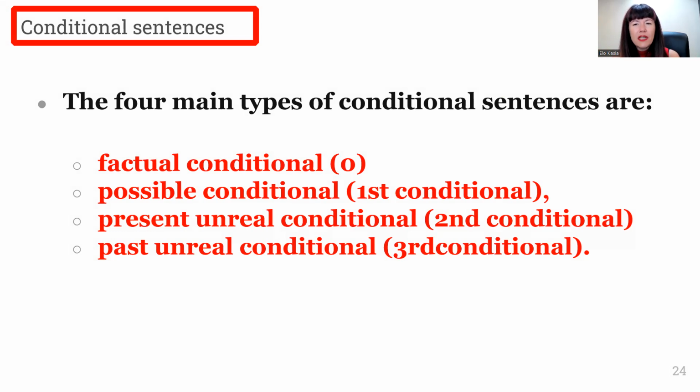If you remember those names, it will be easier for you to choose which conditional you should use in a given situation. So we have possible conditional, present unreal conditional, which is normally called second conditional, and then past unreal conditional, which is third conditional.